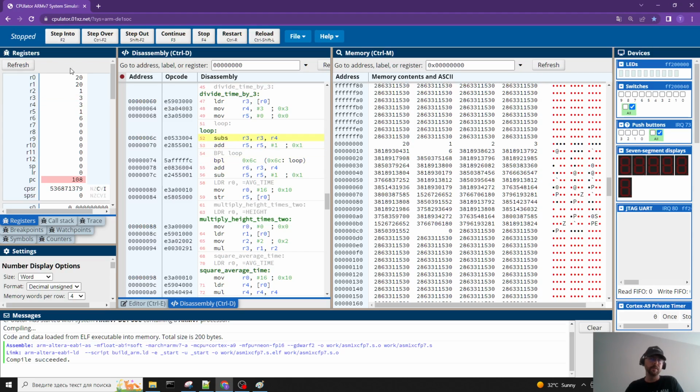We put a 1 into R5. I think that updated the PC counter. Anyway, the key is when we get done, this BPL tells us that we're going to break out of the loop when we hit either 0 or a negative number, a number that's not positive.